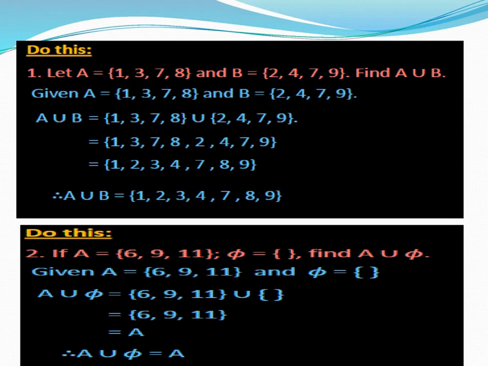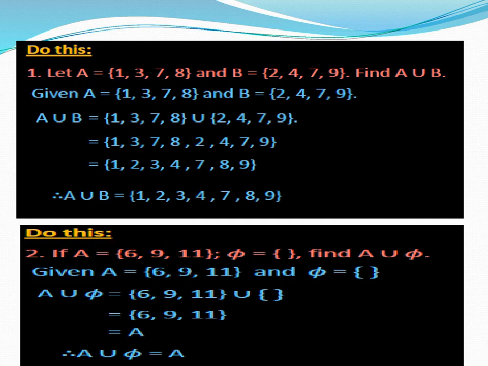Now we will solve some problems. Let A equal the set {1, 3, 7, 8} and B equal the set {2, 4, 7, 9}. Find A union B. Write A as the given set and B as the given set. Then write A union B. How do we define the union of two sets?